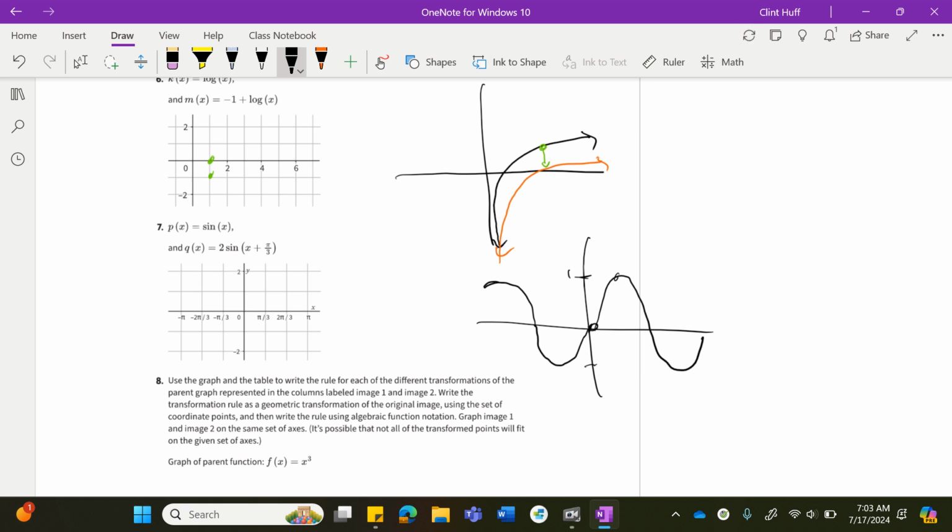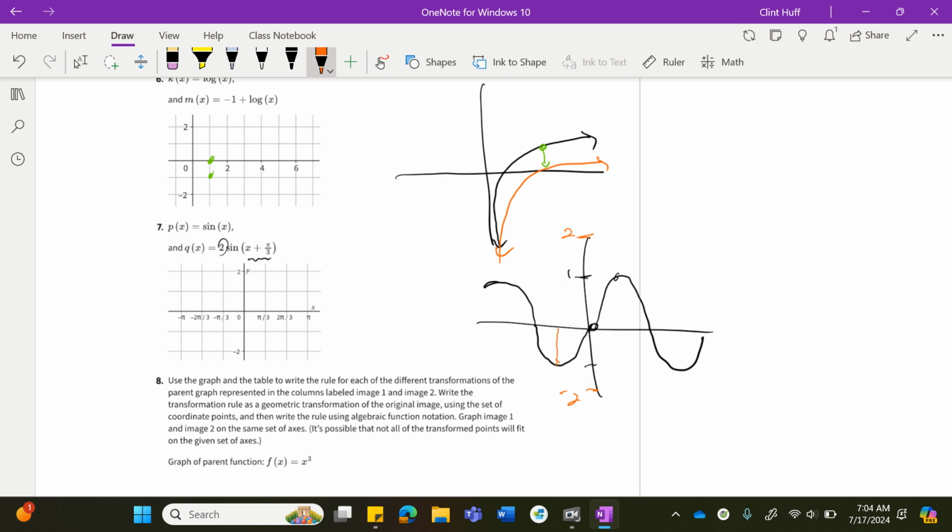Okay, so what happens on this one? Well, first of all, it has to shift back by pi over 3. By back, I mean to the left. And then the amplitude is now going to be increased to 2. So this graph is going to top off at 2 and bottom out down, say here, at -2. And it's going to start at pi over 3.